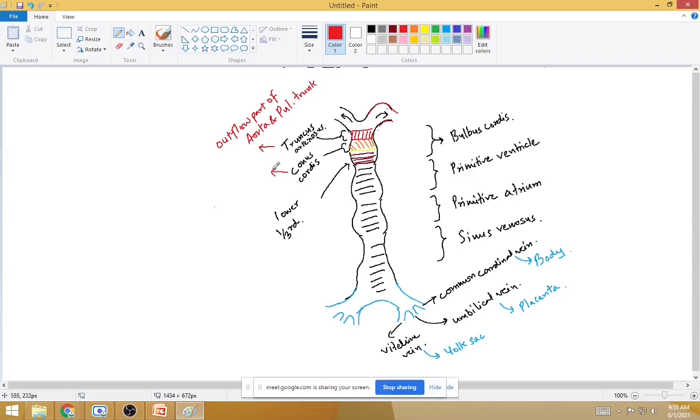The conus cordis is forming the outflow of both the ventricles. The lower one third is forming the right ventricle. Then the primitive ventricle is forming the left ventricle. The primitive atria is forming both the atria. Then the sinus venosus we will see.